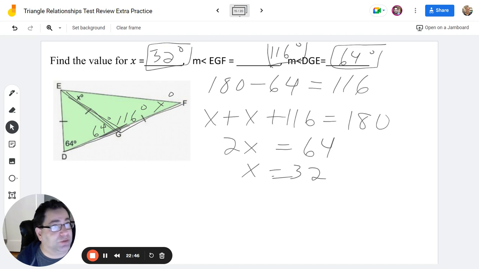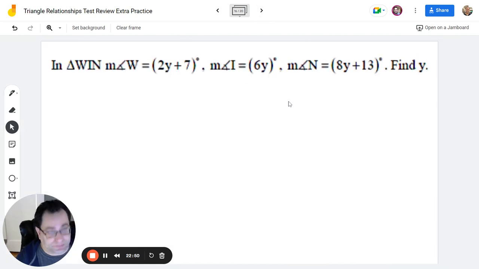All right, question number 16. We have in triangle WIN, they give us the three angles. Angle W is 2y plus 7, angle I is 6y, and angle N is 8y plus 13. Find y. A classic example of the triangle sum theorem.